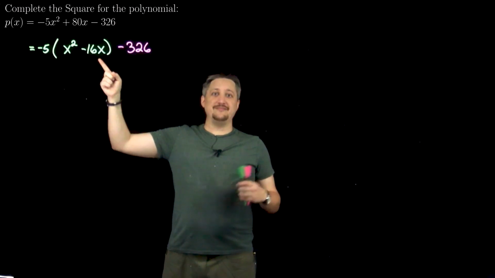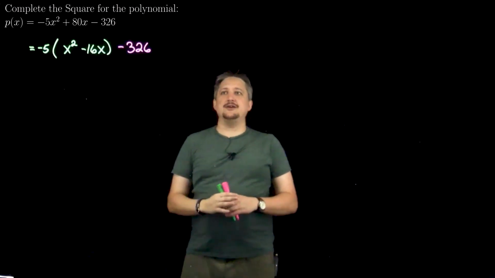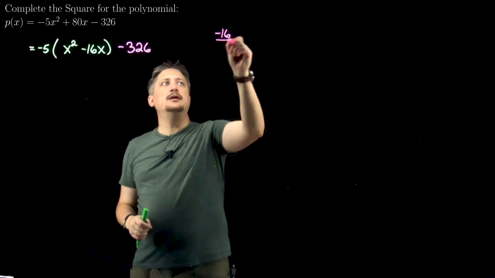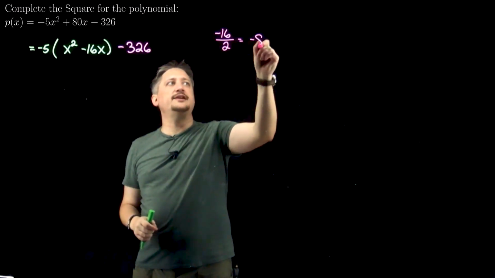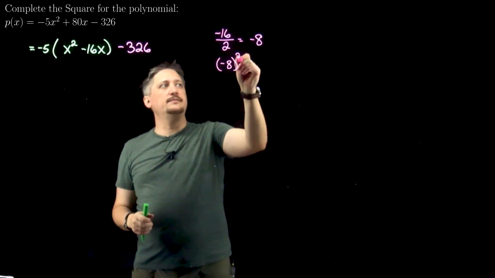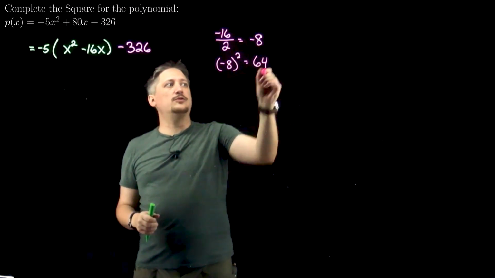Next I want to take the b term, the term that is in front of that x to the 1. I want to take that number, so I'm going to take the -16 and cut it in half. That gets me -8. Then I'm going to take that -8 and square it, which gets me 64.